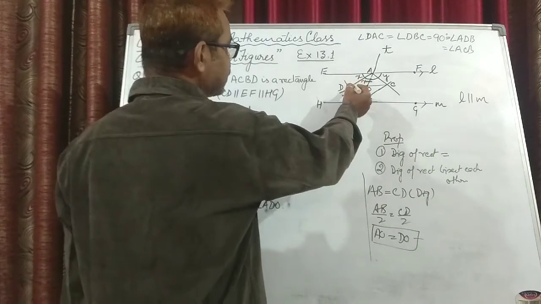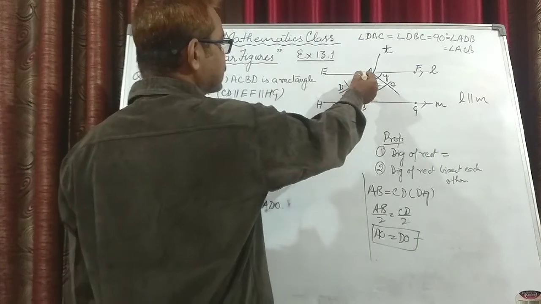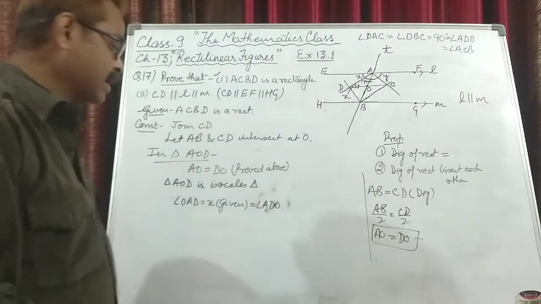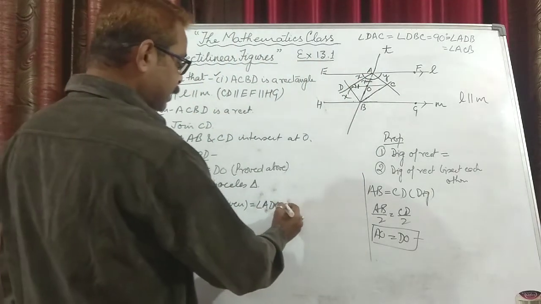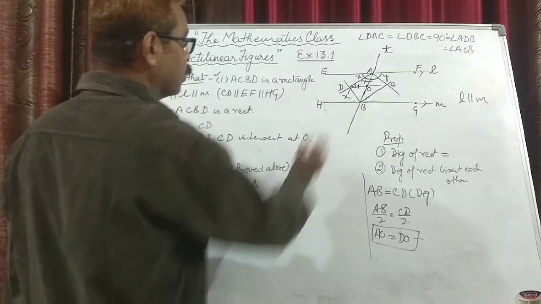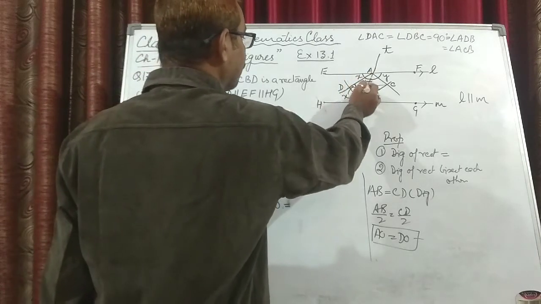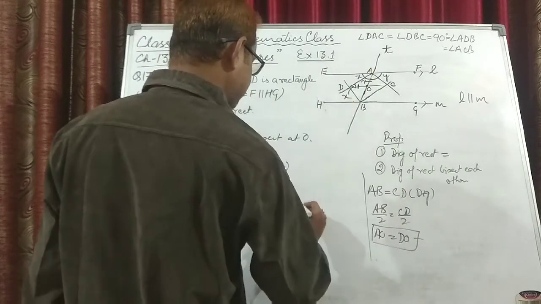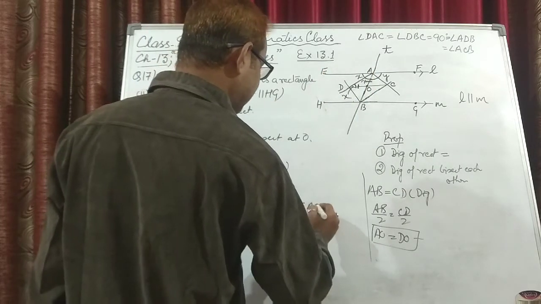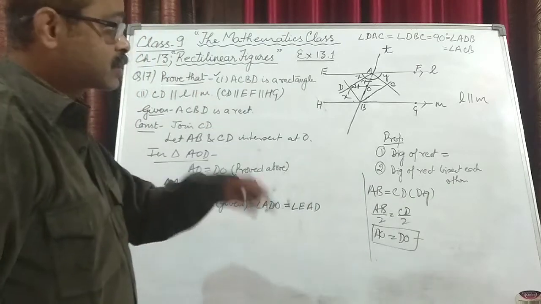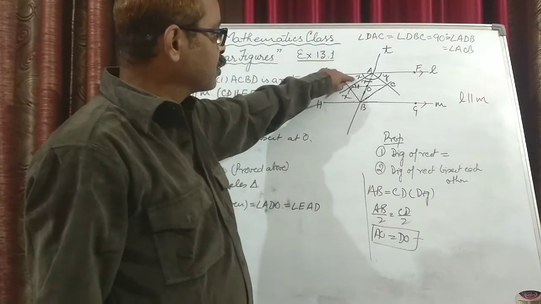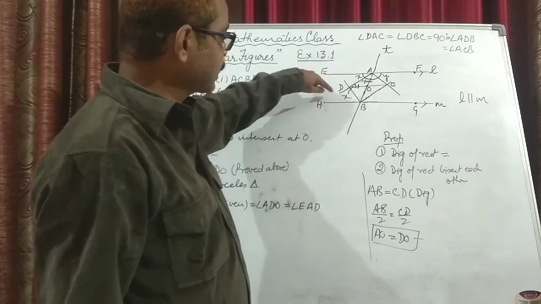Now, if this angle is X, you can see this angle EAD was taken as X. So that can be written as angle ADO is equal to angle EAD. In the first part, we assumed that this angle was X because angle A is being bisected by AD.